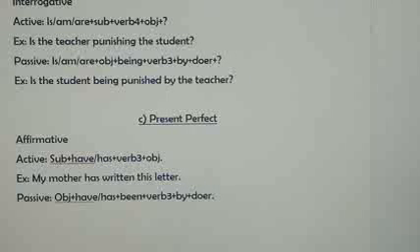Okay, my dear children, now let's convert the same sentence into passive voice. The sentence was, my mother has written this letter. I think now you are completely able to convert it by yourself. This letter will be the object first of all.